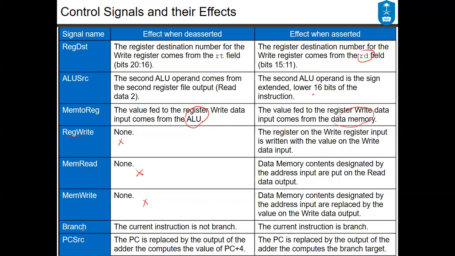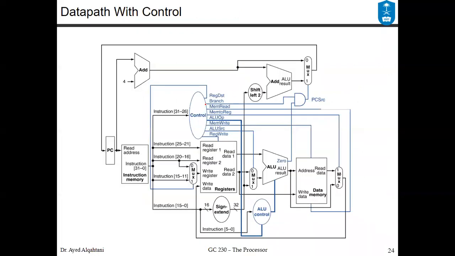Now, for the branch and the BC source, they are related to each other. To see it here, you can see that the signal that comes from the control for the branch needs to be ANDed with the zero output, meaning that it also needs to check the registers and make sure that they are equal to generate the BC source.